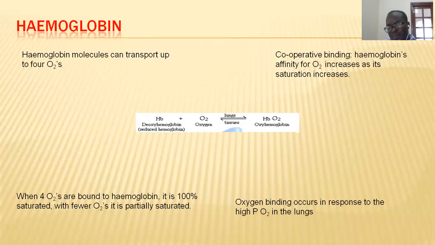Because of that, you will find that blood will never be 100% saturated with oxygen, but it can reach as high as 98% saturation. The 98% saturation is because the quantity of adult hemoglobin A is about 98%.